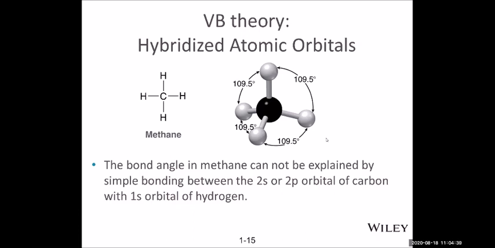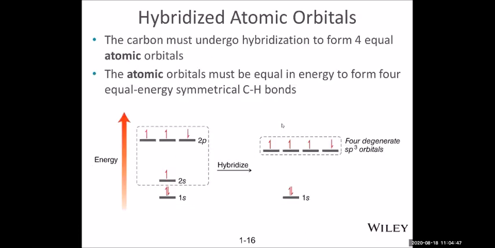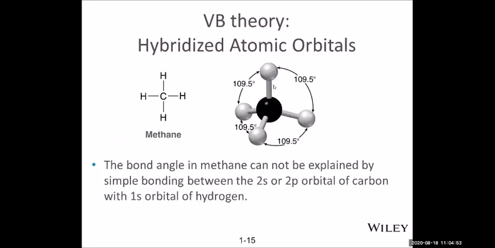To explain that, several chemists proposed orbital hybridization theory. The hybridization theory starts from the simplest, methane, which is 1 carbon and 4 hydrogens. The bond angle is actually 109.5 degrees, tetrahedral.